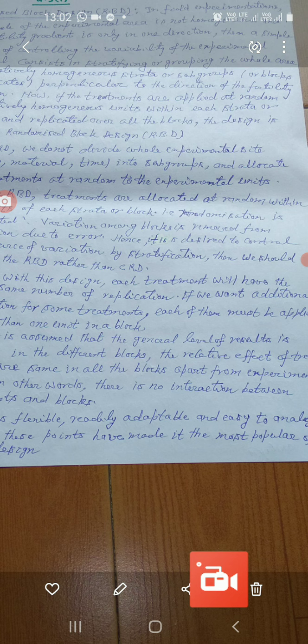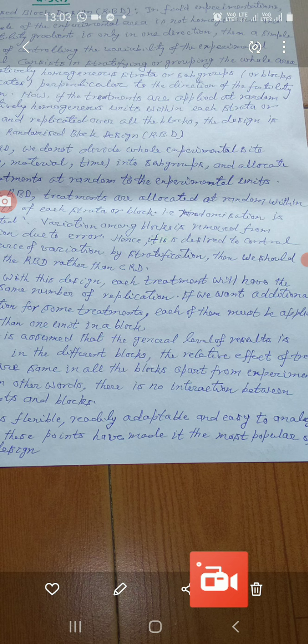then a simple method of controlling the variability of the experimental material consists in stratifying or grouping the whole area into relatively homogeneous strata or subgroups or blocks or replicates.